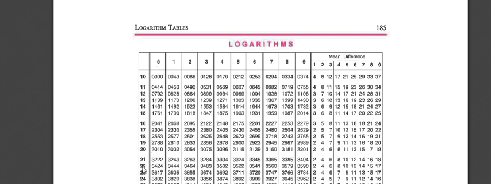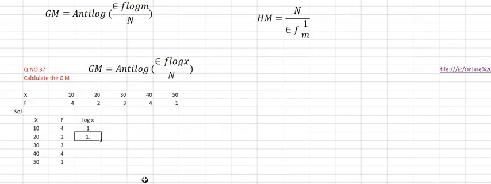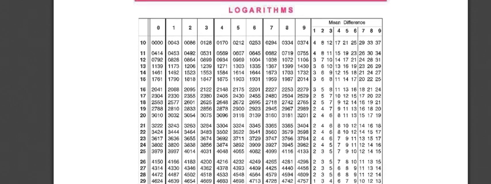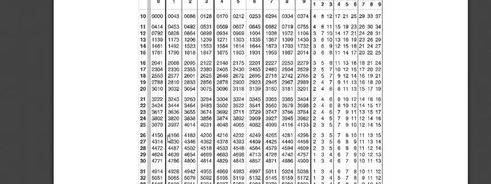How much is the 20 0 number here? 3010. Next, 30. 30 means 2 place minus 1, 1. 1 point. You find it now. The table is like this. 30 0. What is your 30 0 number? You just find it here now. 30 0 is 4771.